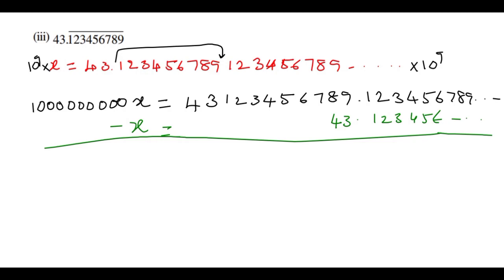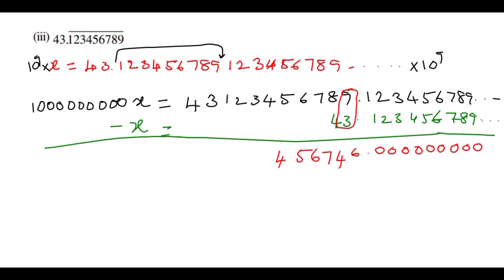For suppose you have 6 7 8 9 and so on, then 9 minus 9 is 0, 8 minus 8 is 0, 7 minus 7 is 0, 6 minus 6 is 0. Then 9 minus 3 is 6, 8 minus 4 is 4, and so on, and we get 43123456746 on the right side, and on the left side the factor is 10 power 9 minus 1.